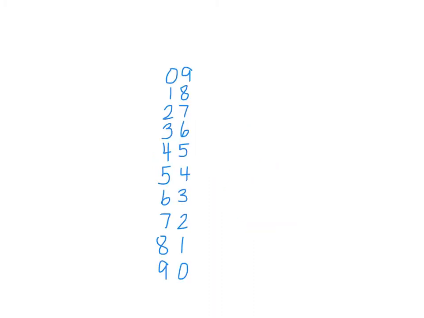The next strategy has to do with some really cool things about multiples of 9. So I've listed the first 10 multiples of 9 here. And I want you to notice something. The first thing I want you to notice is that the tens place is increasing: 0, 1, 2, 3, 4, 5, 6, 7, 8, 9.